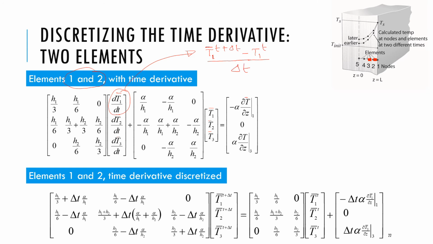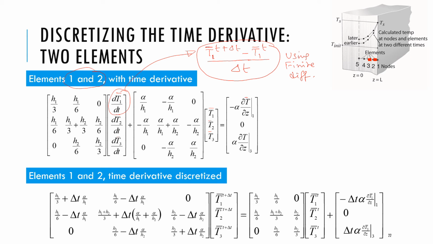So that's the simple way of writing out the time derivative in terms of values using finite difference. So this is also an approximation.